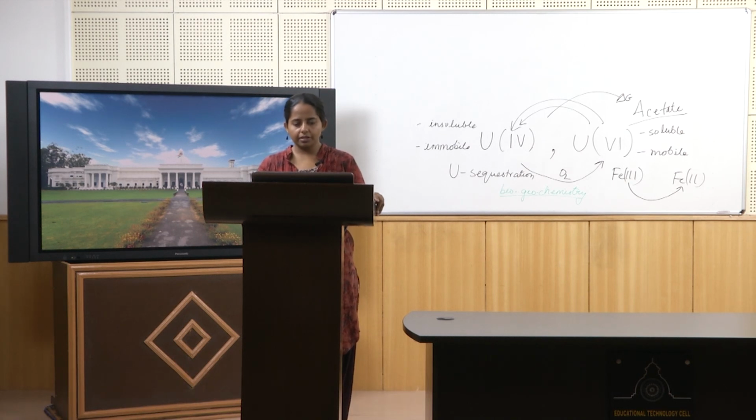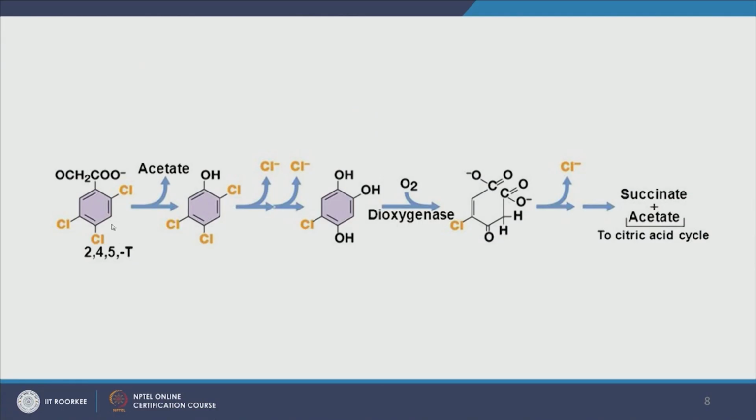Now this is your herbicide 2,4,5-T, and look at what microbial degradation of the 2,4,5-T herbicide looks like. So 2,4,5-T has acetate here, and then has 3 chlorines, and the first step is that acetate is removed and replaced by OH.